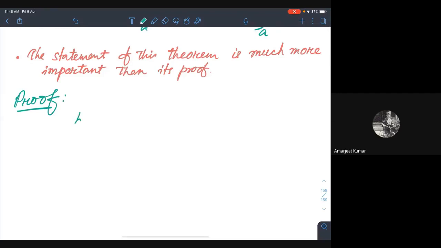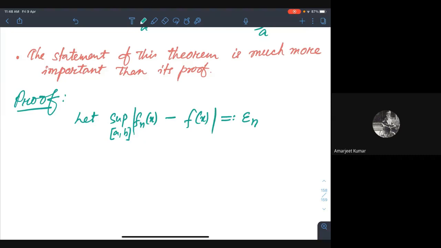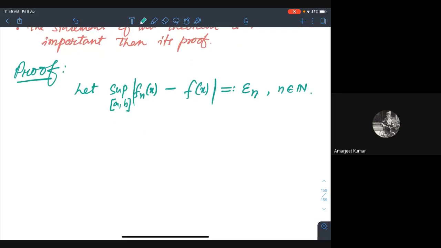So for the proof, since it converges uniformly, we look at |f_n(x) minus f(x)| and take the supremum of this on [a, b] and call this epsilon_n, n belongs to the natural numbers. So this epsilon_n is a sequence of real numbers.